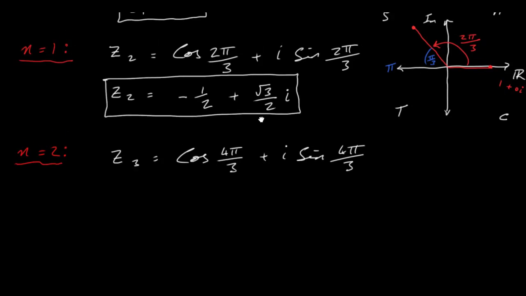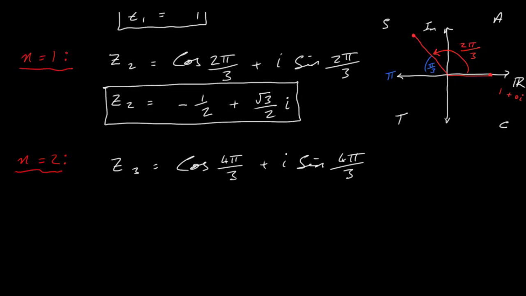So where is 4 pi over 3? Let's just go back to our diagram over here again. Well, 4 pi over 3 is bigger than pi, so it's going to be down here. It's actually going to be the complex conjugate of this one up here. So this is 4 pi over 3 here. Now you can write this as minus 2 pi over 3 as well, so maybe we'll do that.